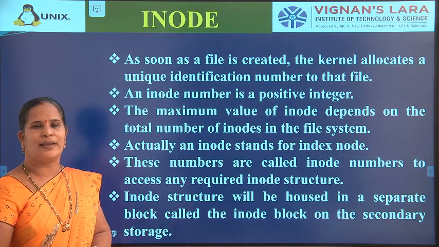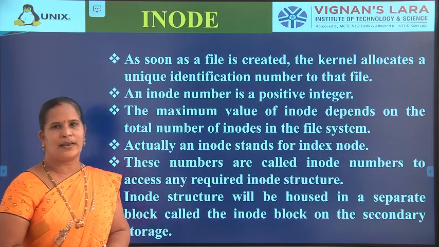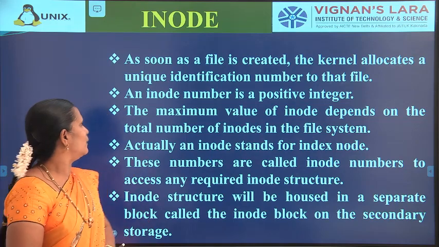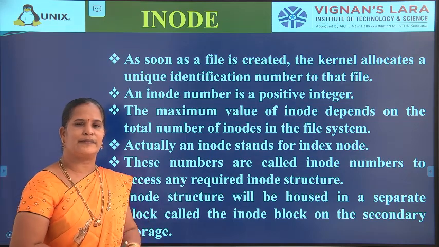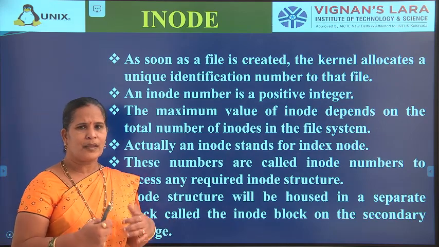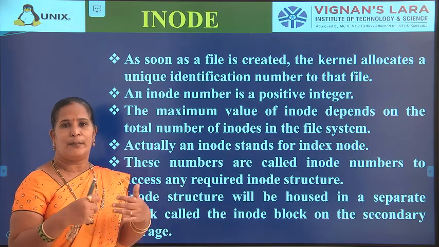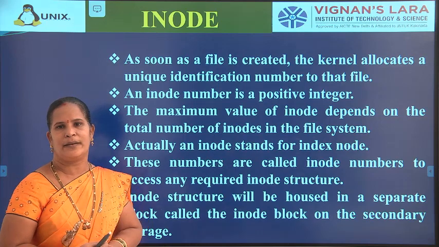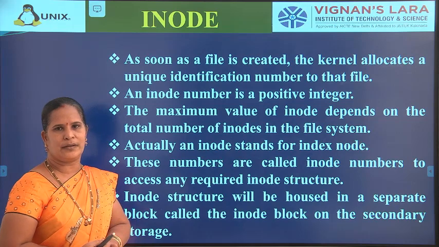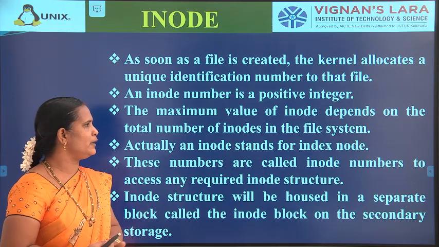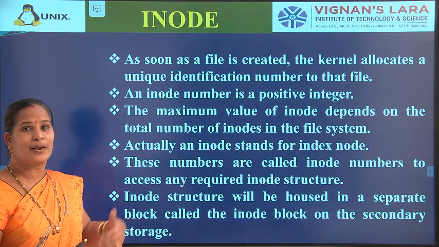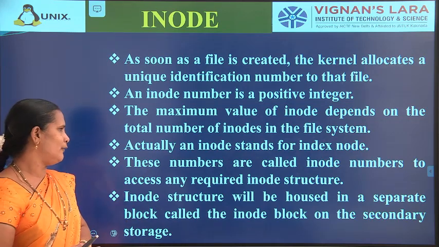As soon as the file is created, the kernel allocates a unique identification number to the file. An inode number is a positive integer, and it depends upon the total number of inodes available in a file system.